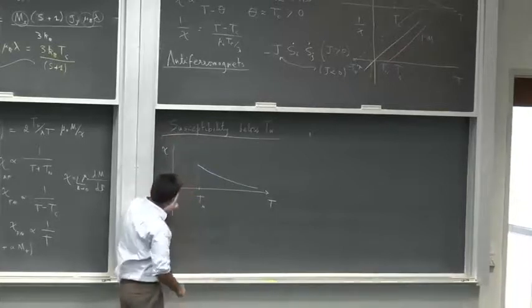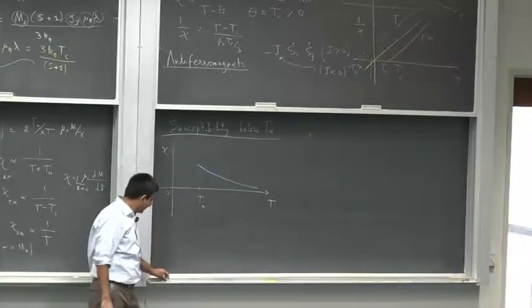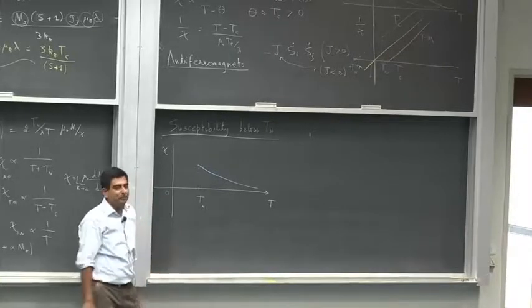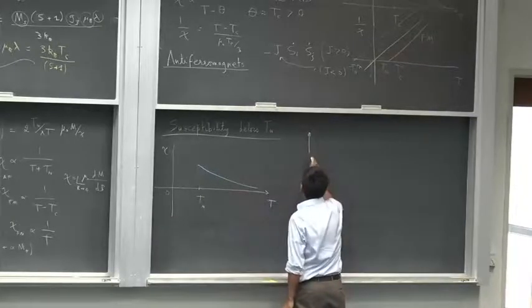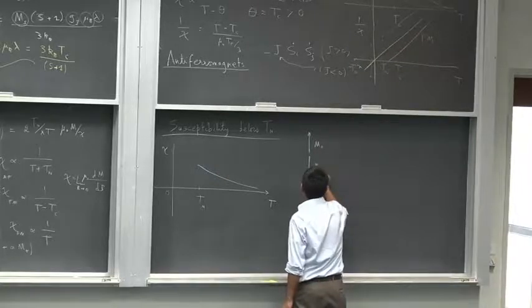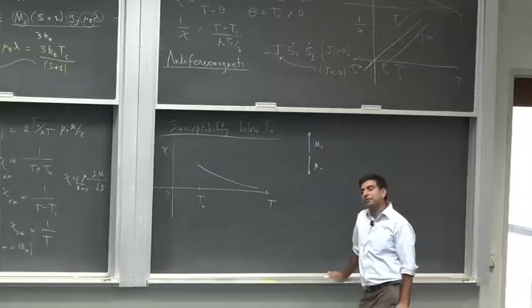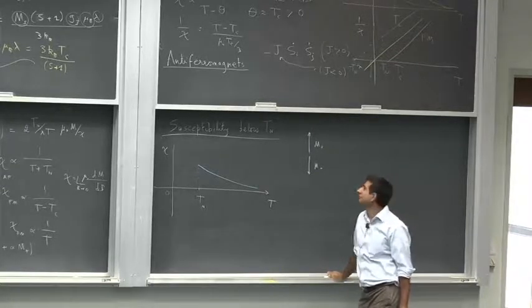So what happens here in this region? This is what we would like to see. Now that's an interesting problem. Now you have two magnetized domains, M plus, M minus. And both of these are saturated.